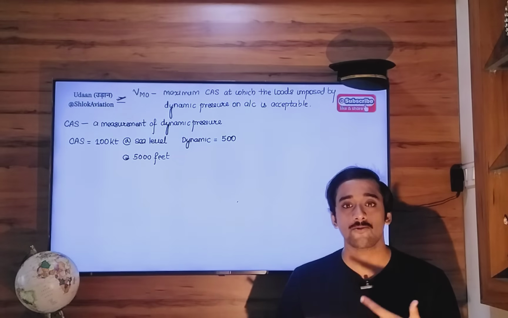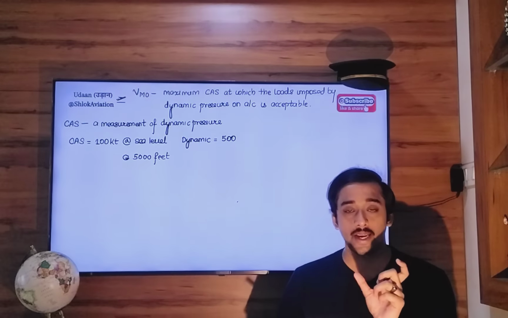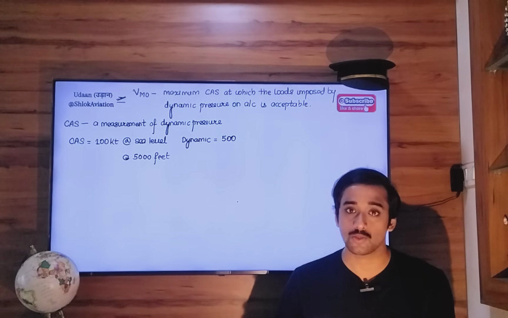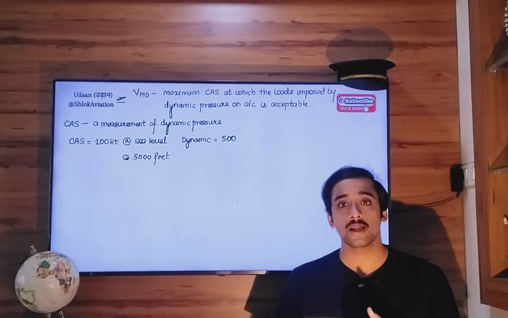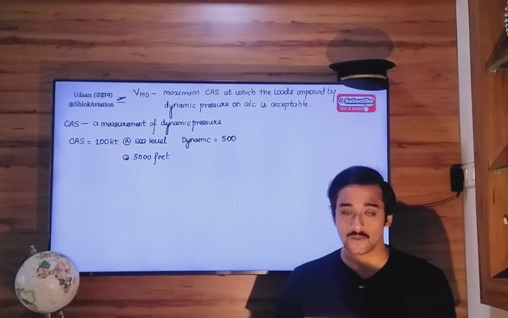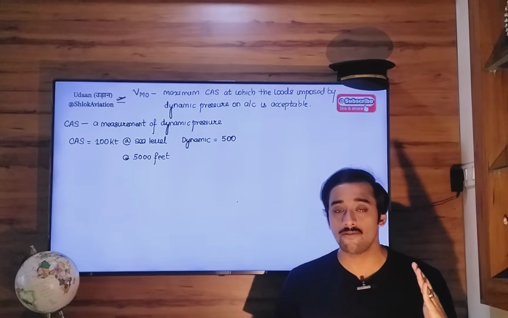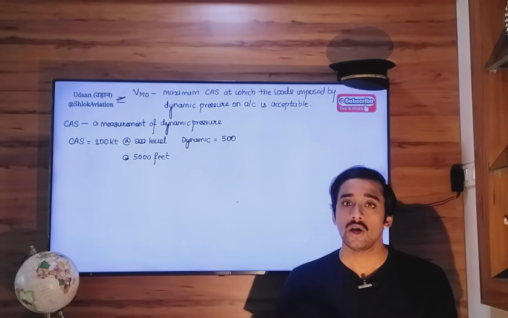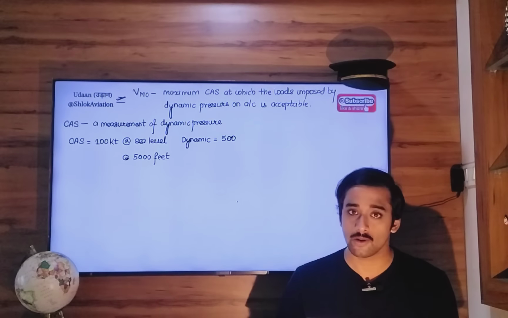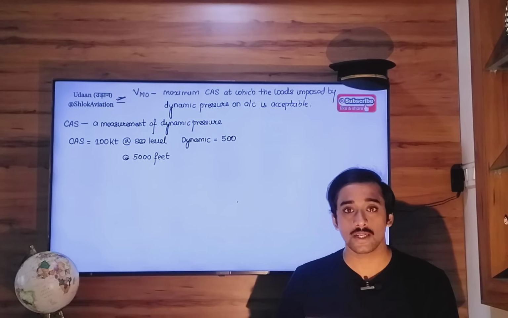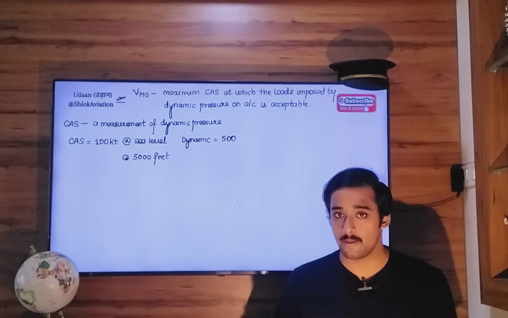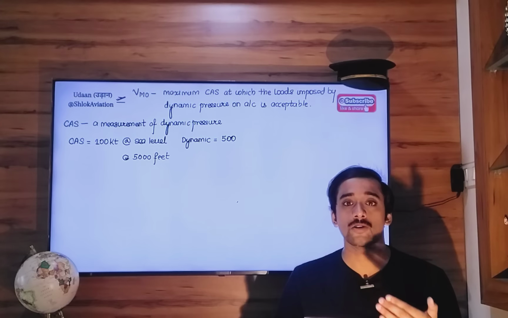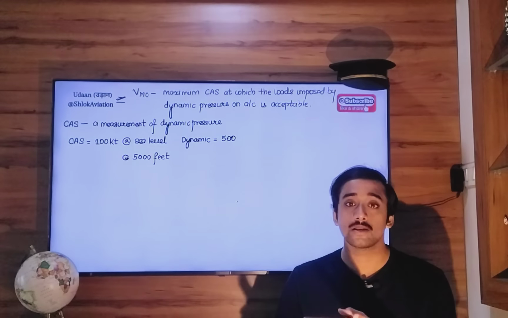So in order to prevent an indication of lower calibrated airspeed from happening, what you will have to do is increase the true airspeed of your aircraft. So let's say you were initially flying at a constant true airspeed of 200 knots to a higher altitude. But what we experience is a reduction in calibrated airspeed. Now, in order to prevent that from happening, you will have to increase the forward speed of your aircraft, namely the true airspeed.